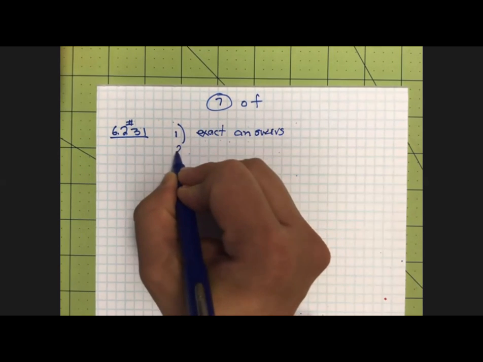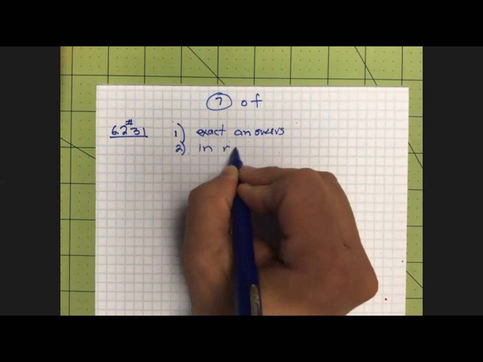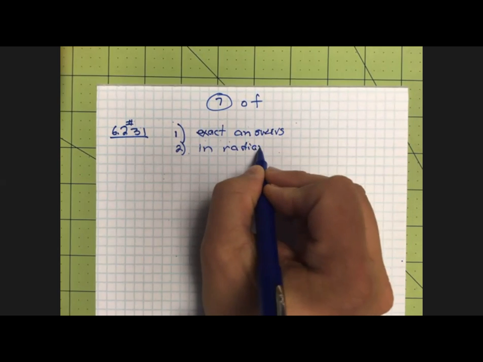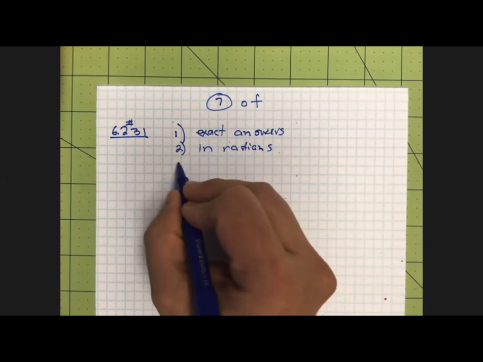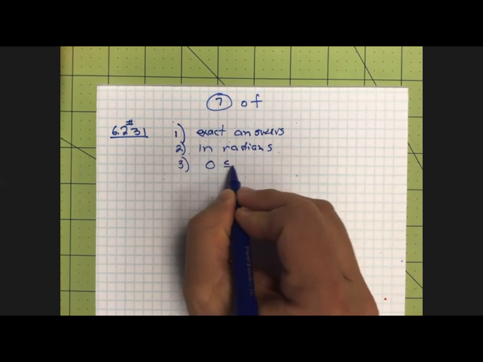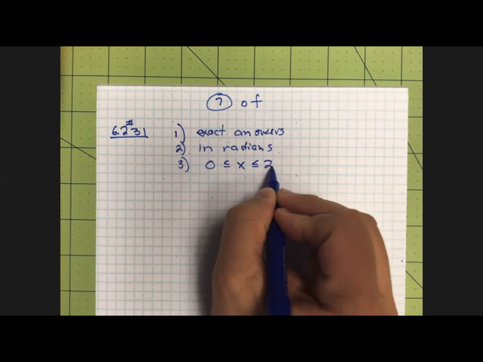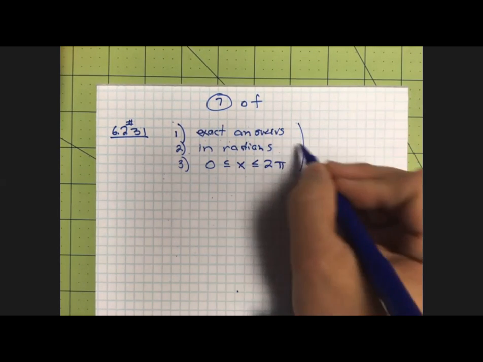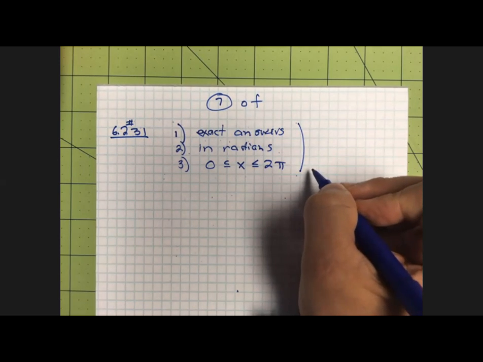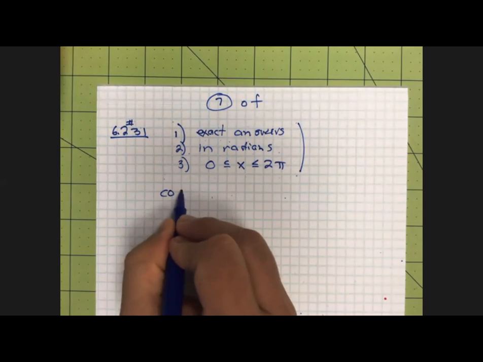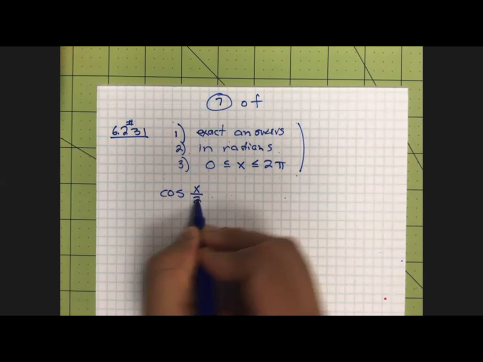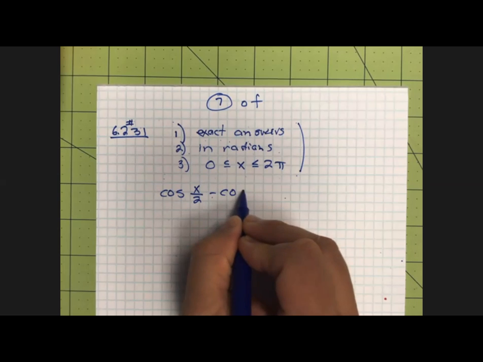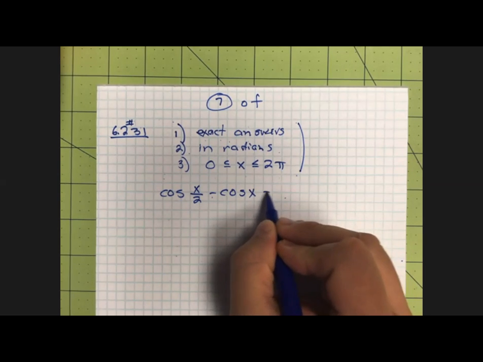They want radians. And they want 0 to 2 pi. It's not bad to write this at the beginning of every problem. Cosine x over 2 minus cosine x equals 1.